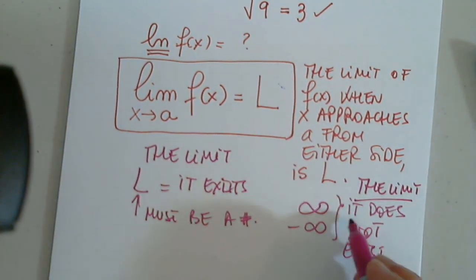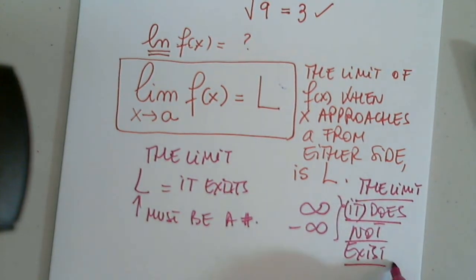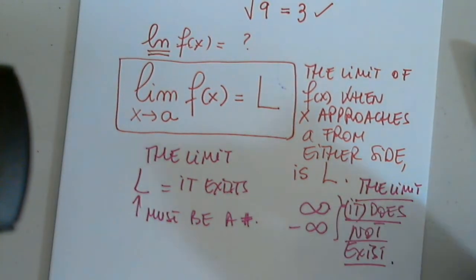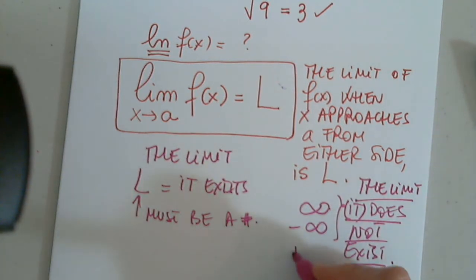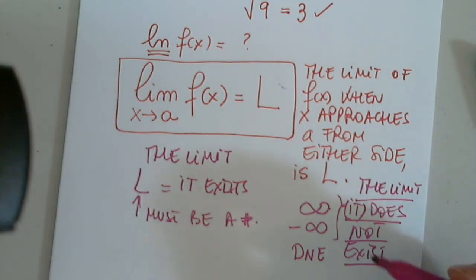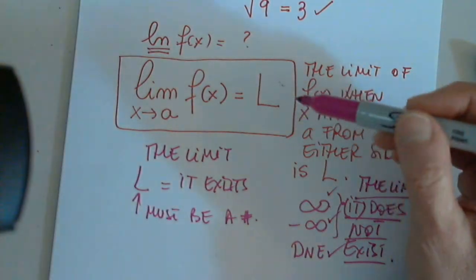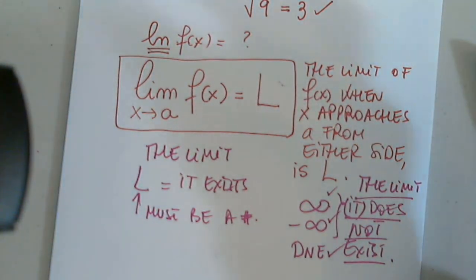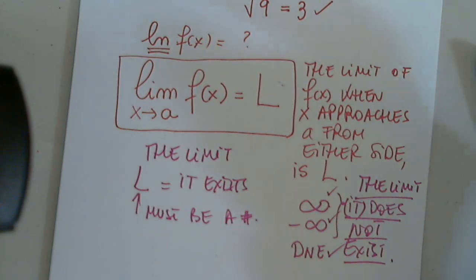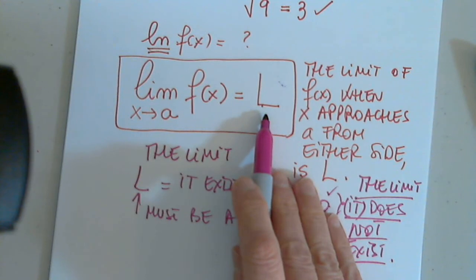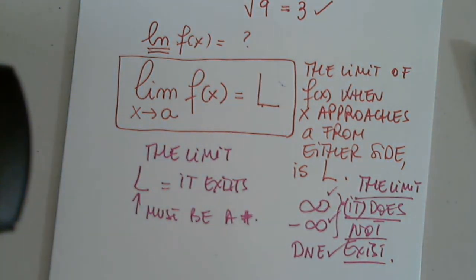The limit does not exist if the answer is infinity or negative infinity, and there is another option, which is DNE, does not exist. There is a third way in which a limit does not exist. This is one, this is the other, this is the third. So for the limit to exist, L must be a number. If you say the limit is maybe around 5, no, you have to give me the number. If you cannot give a number, the limit does not exist.